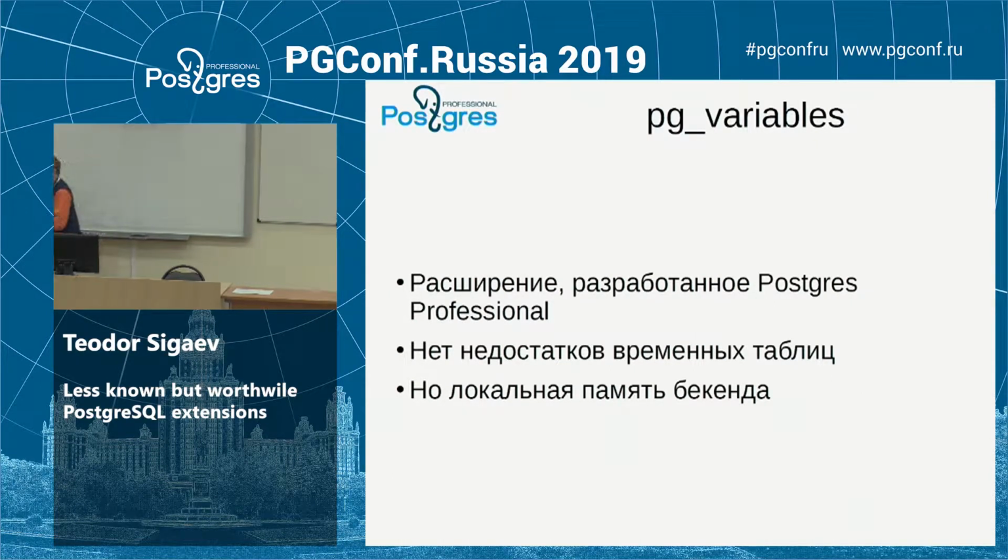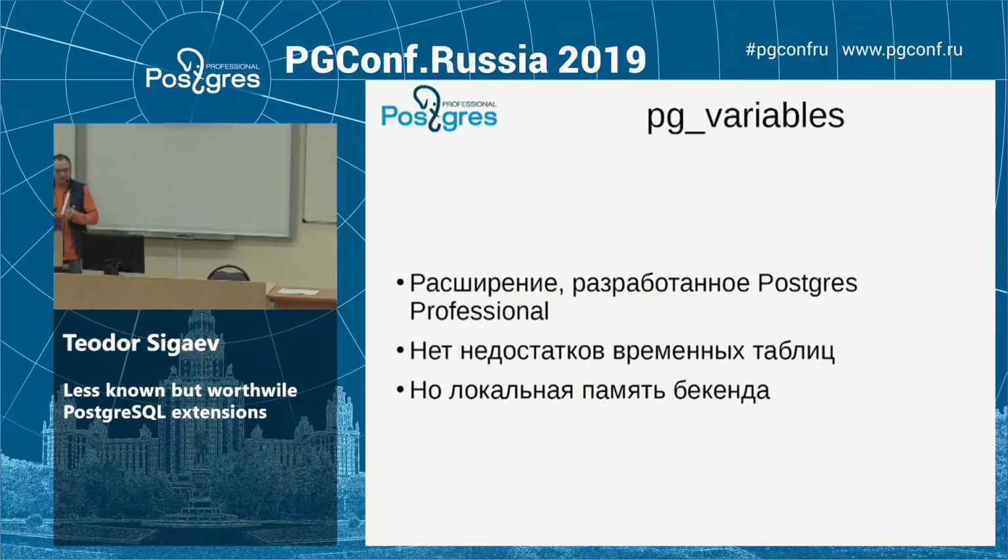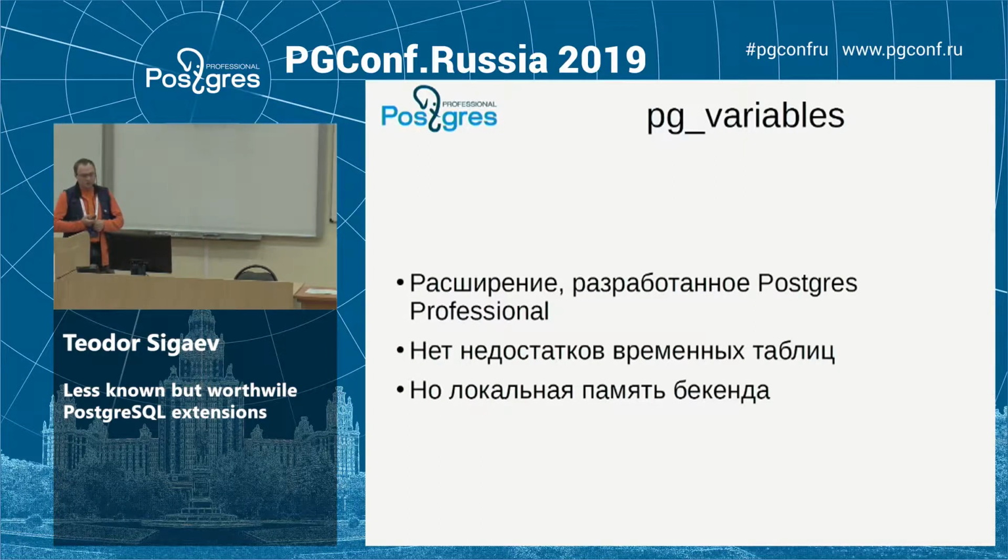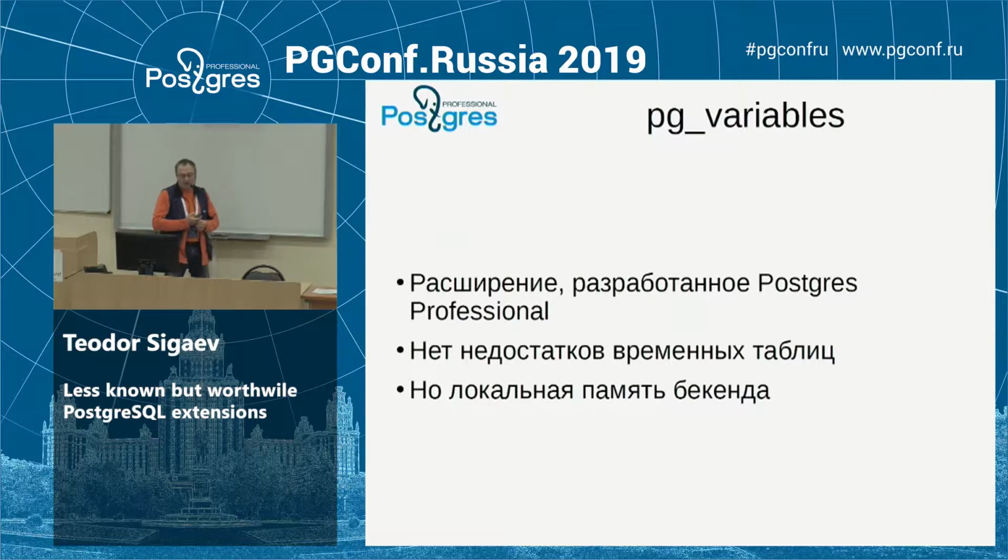Taking it into account, PG variables works with variables and with collections. This extension was designed within Postgres Professional, and the sources are available. You can download it and compile it automatically in your extension. There is no lack of temporary tables, and I forgot one more disadvantage of temporary tables.